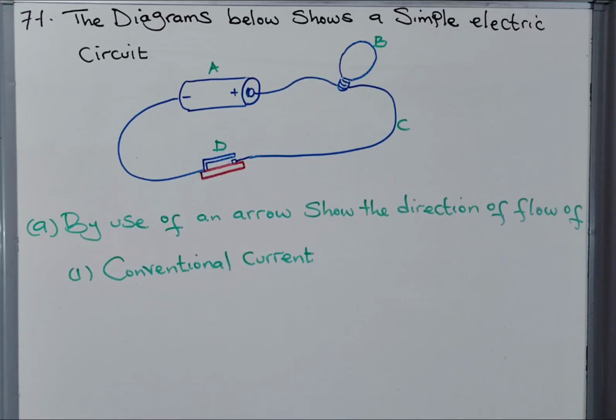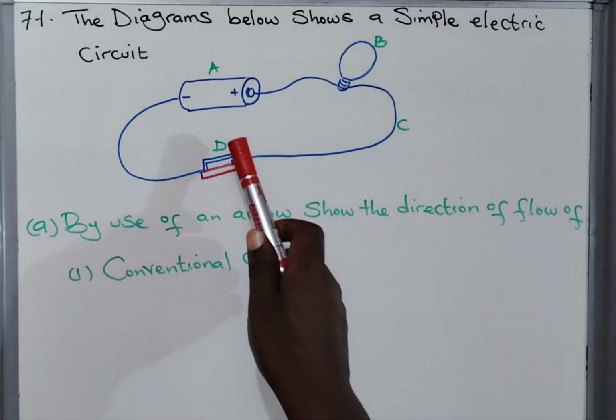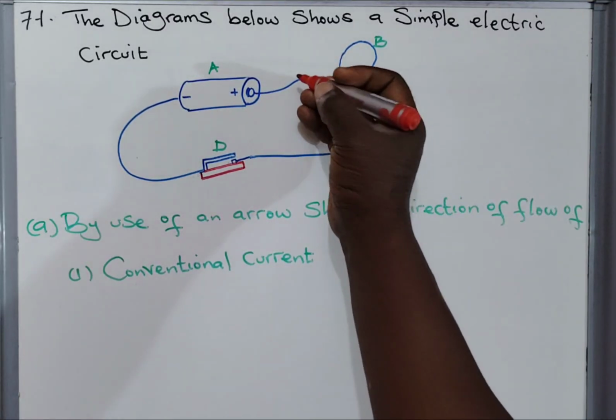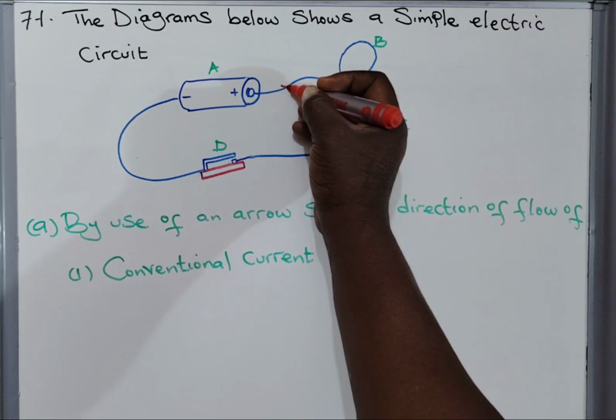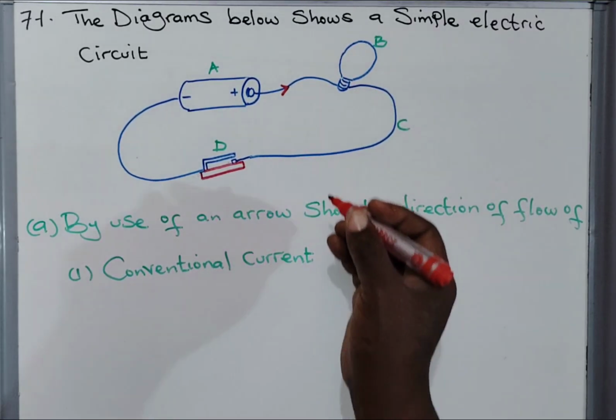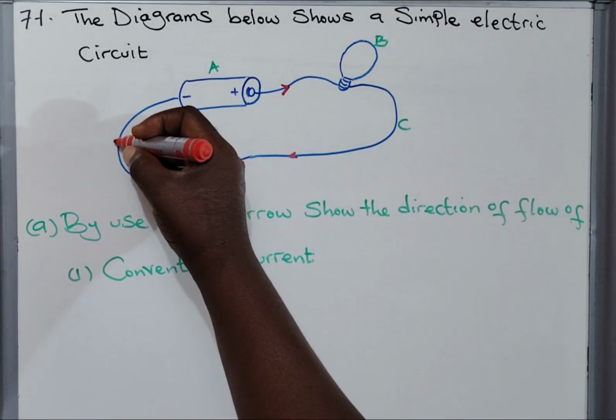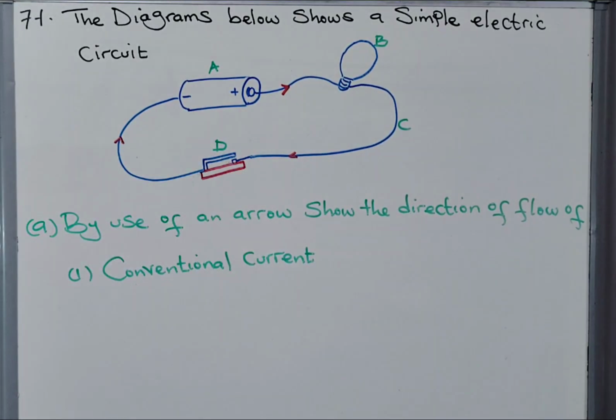We have to know that conventional current is due to the flow of positive charge. And it is indicated like that. So in other words, this is how it's going to be, and that is how it's going to be. It is due to the flow of positive charge.